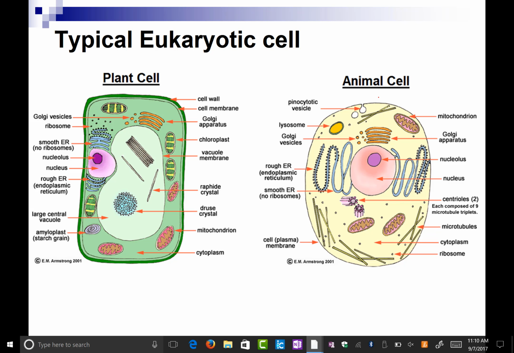So eukaryotic cells, we typically talk about plant and animal, but the fungi and those single-celled protists are all eukaryotic cells. The big difference is eukaryote means true nut, and the nut stands for nucleus. Prokaryote means before the nut, before the nucleus.